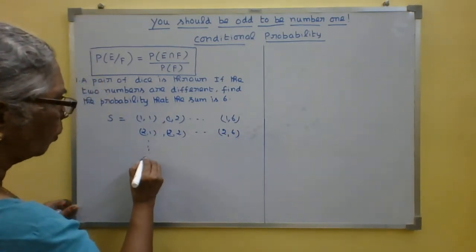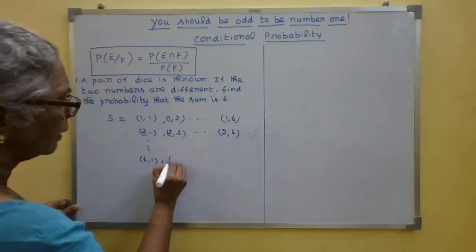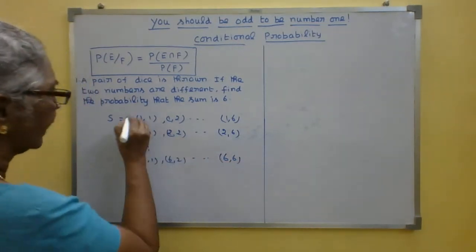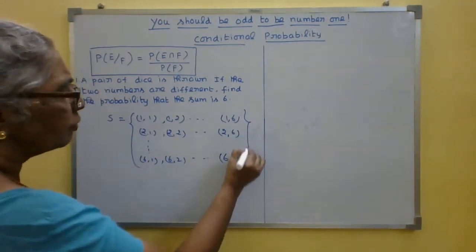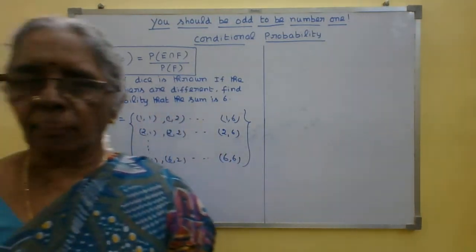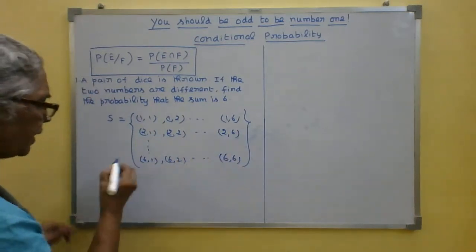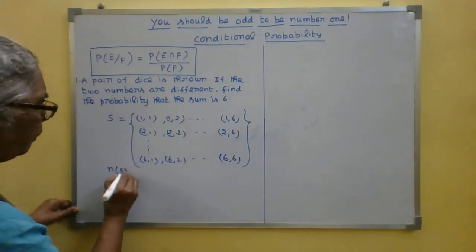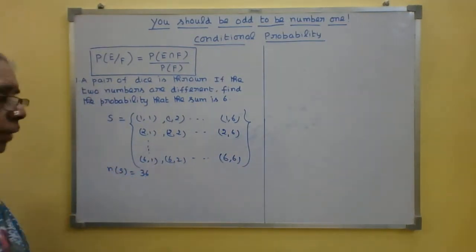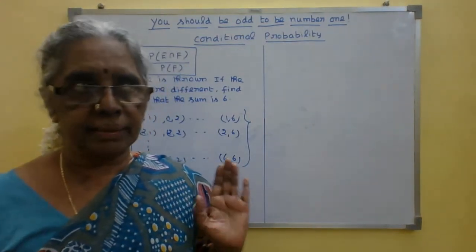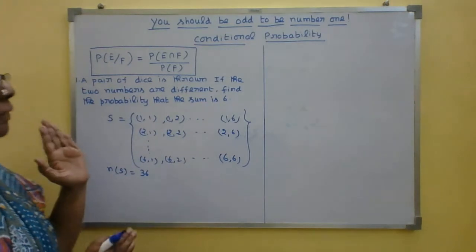Like that it will go, and you will get 6,1; 6,2; etc., up to 6,6. So this will be your S. The number of elements in S, which we call N of S, will be equal to 36. Whenever a pair of dice is thrown, N of S will be equal to 36. So that is what we have to write first.